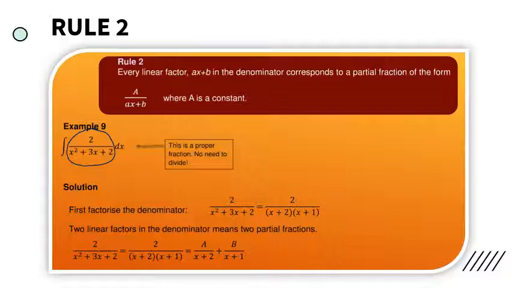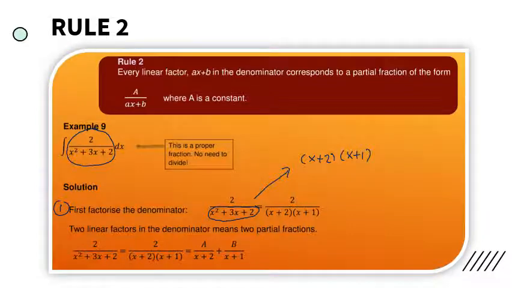Then the first step, we have to factorize the denominator. We factorize it into 2 over (x plus 2) times (x plus 1).